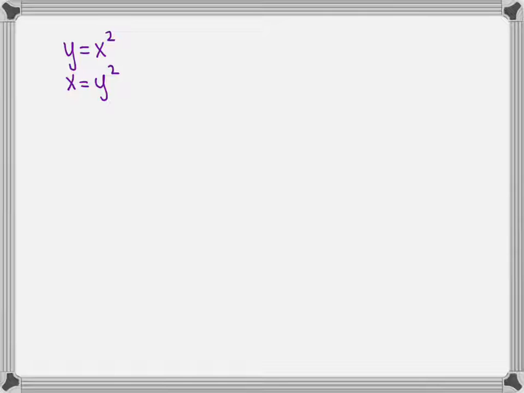So if I take the square root of both sides, I get y equals plus or minus the square root of x. Well, this is not a function. And in order to only consider an inverse that's a function, we will ignore the negative part and only consider y equals the square root of x.